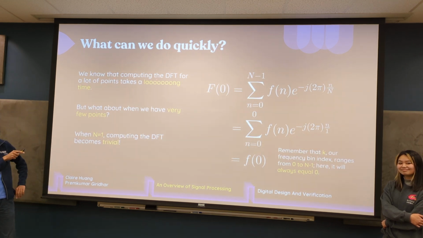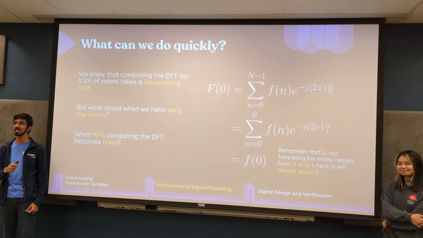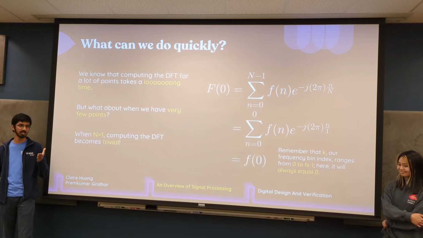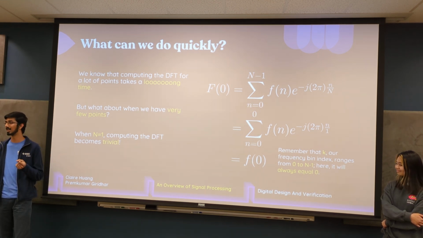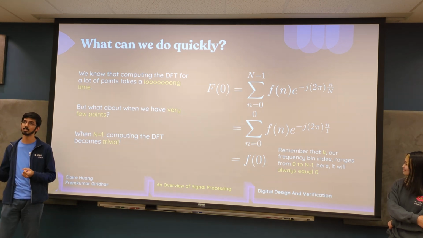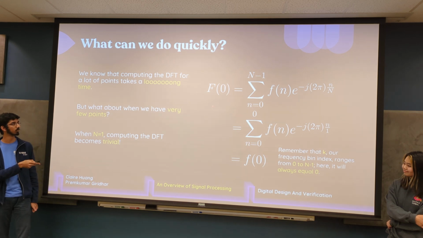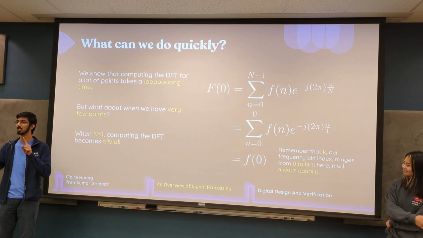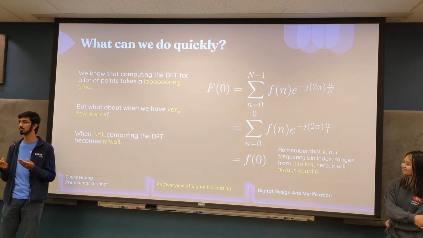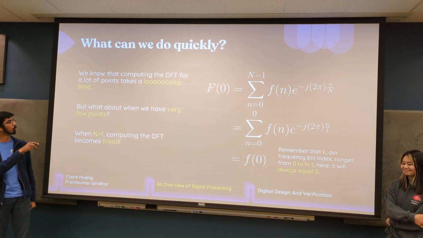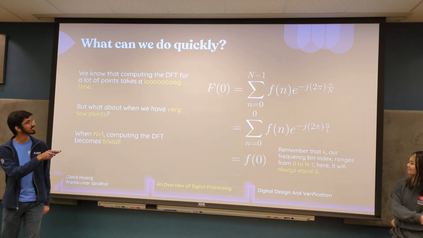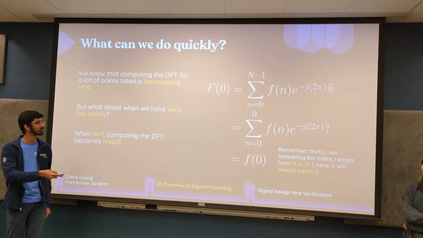So, we know that computing the DFT for a lot of points takes a long time. It takes n squared computations for n points. But when we have very few points, it is basically trivial. For example, when we have exactly 1 point in our signal, which doesn't really make sense, but just follow along for a little bit, the DFT is literally just the value itself.